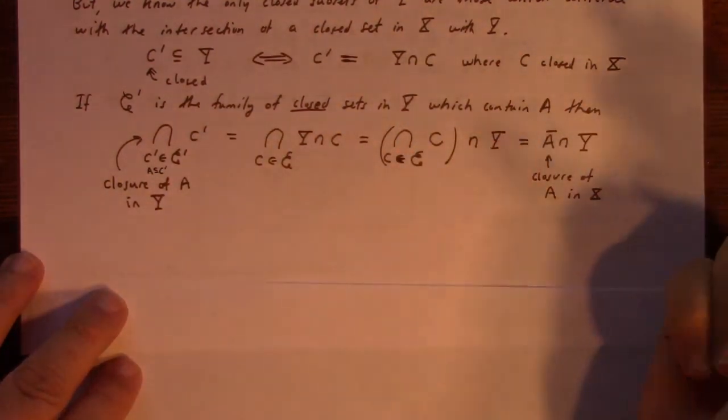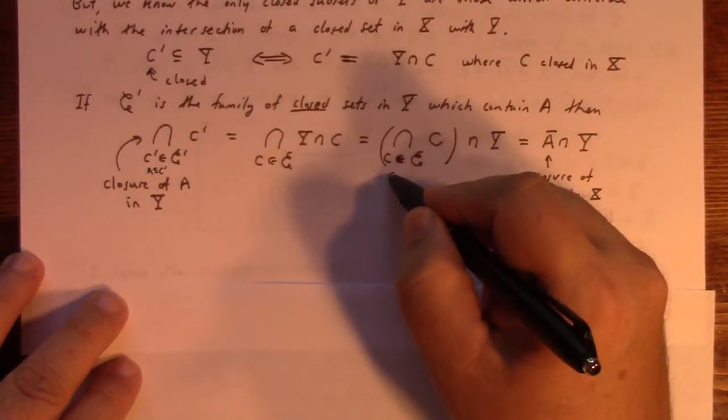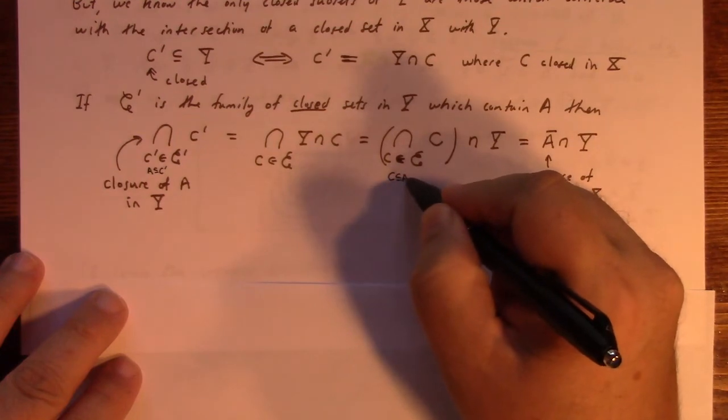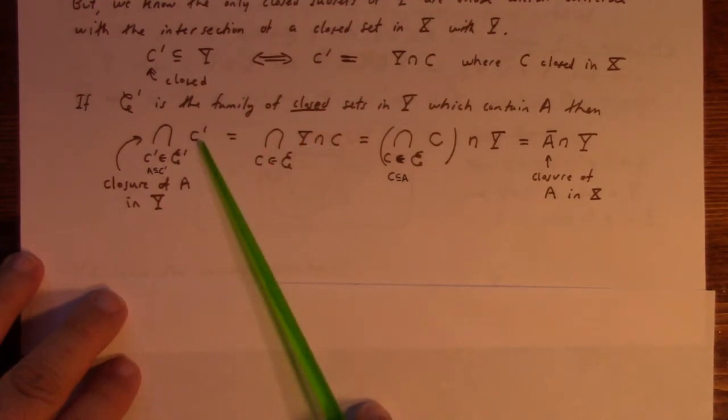And this is actually C is a subset of A, truth be told. All right. So this intersection is literally equal to that, because every C prime comes with a corresponding C, which intersected with Y gives you C prime, right?